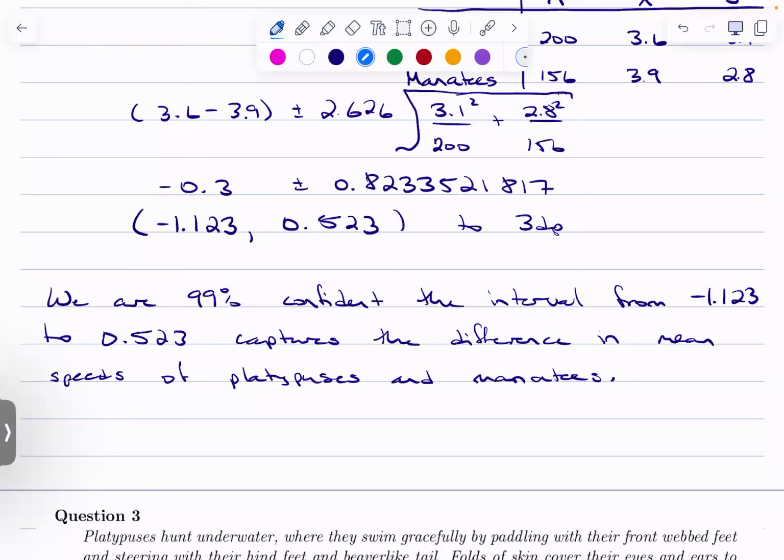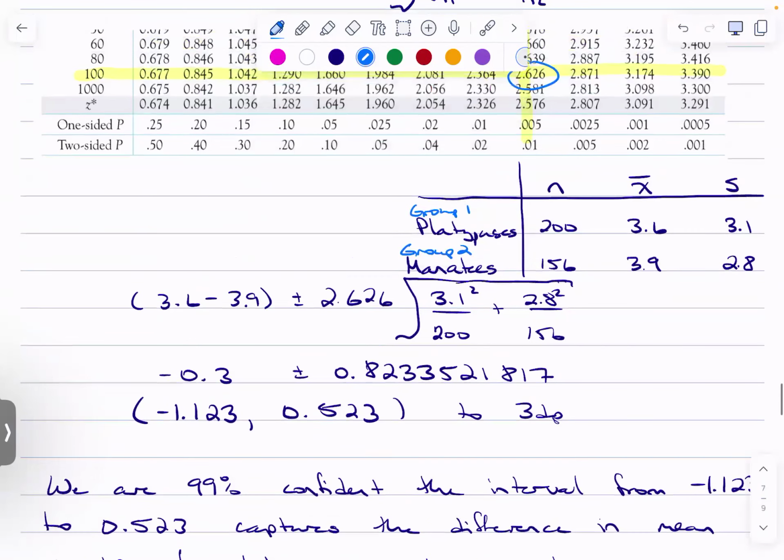As a follow-up, we can answer the original question by seeing if a difference of 0 is in this interval, right?